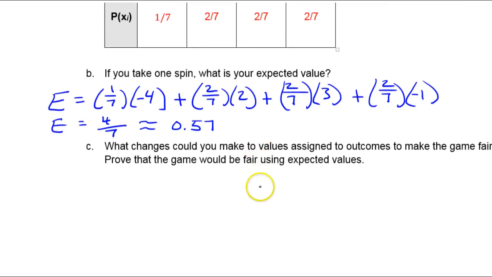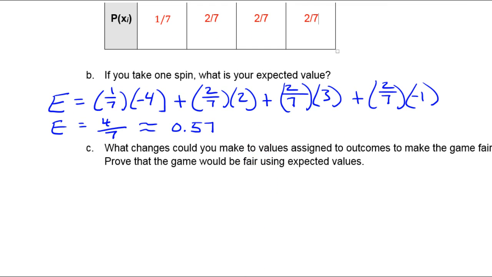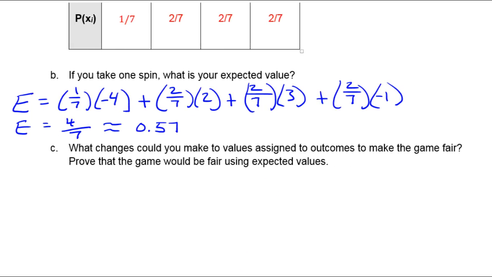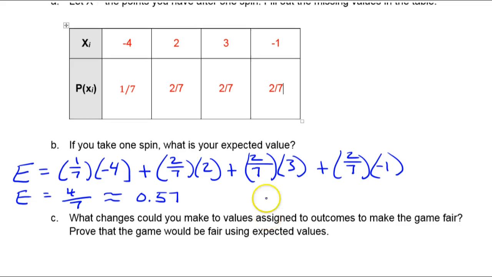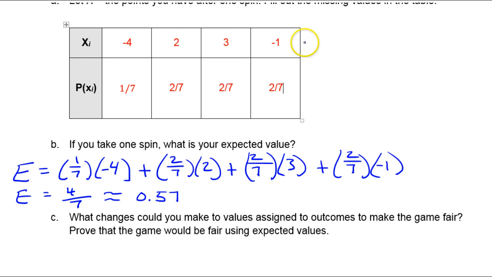All right. So that means this is not a fair game, in the sense that a fair game is defined as a game that has an expected value of 0. So what changes could you make to the assigned outcomes to make the game fair? So what changes could we make to our little system here of values?